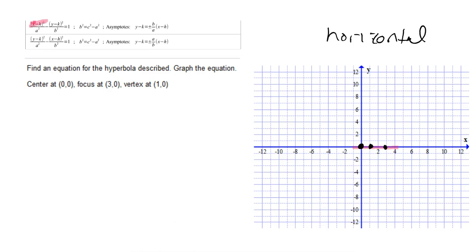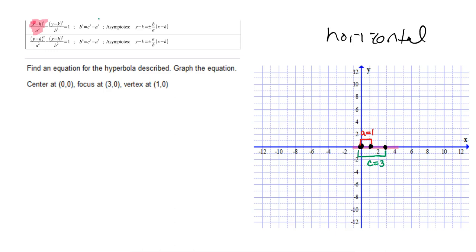This first equation is the equation of the horizontal orientation because the x term is positive. I can also tell a few other pieces of information. A is the distance between the center and the vertex, which in this example is 1. Then the distance between the center and the focus is C, and that distance is 3 for this example.